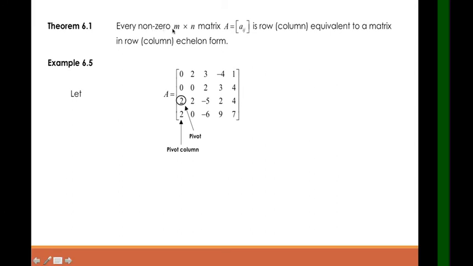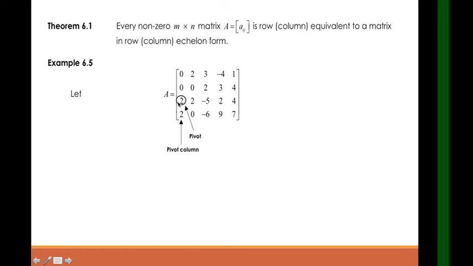Pinag-aaralan muna natin dito is more on theorem and definition. Okay? Wala pa tayo dun sa solving talaga. So, every nonzero m by n matrix A equal to the square bracket of a sub ij is row column equivalent to a matrix in row column echelon form. Example, this one.